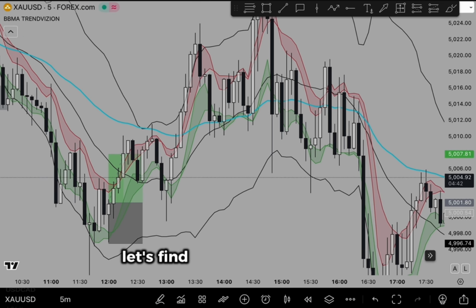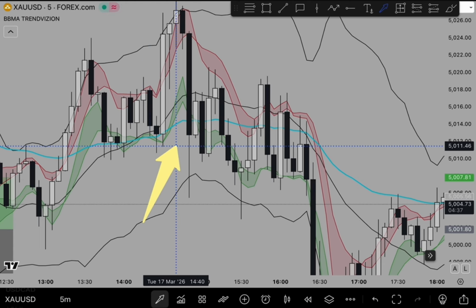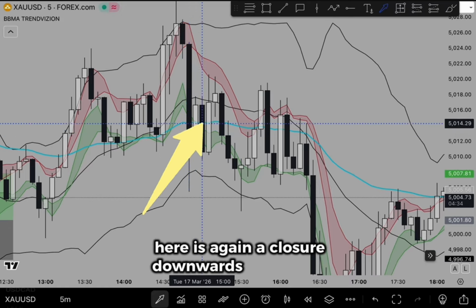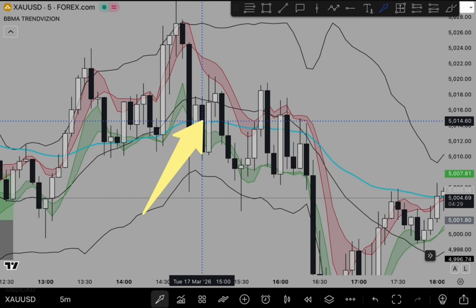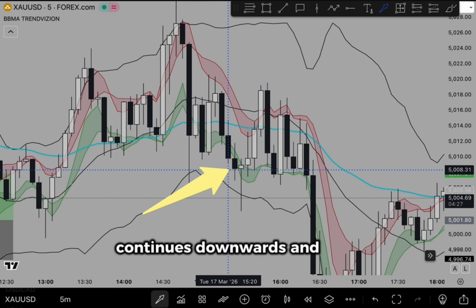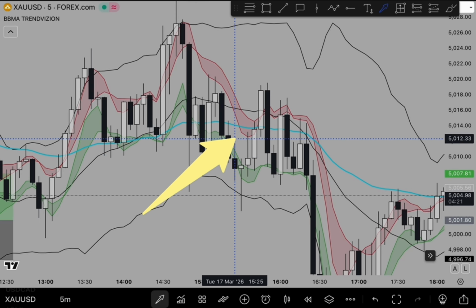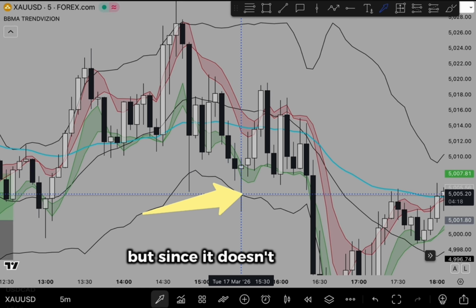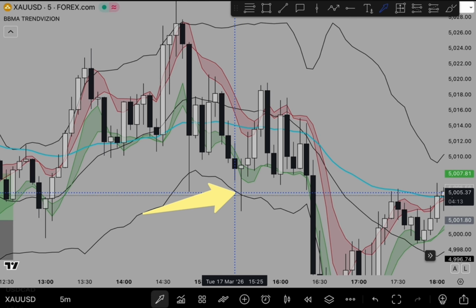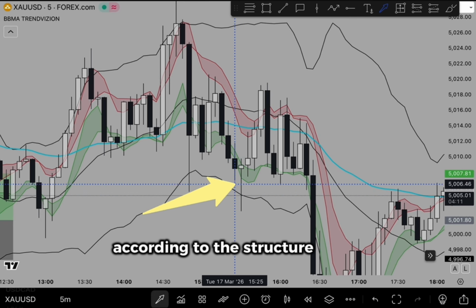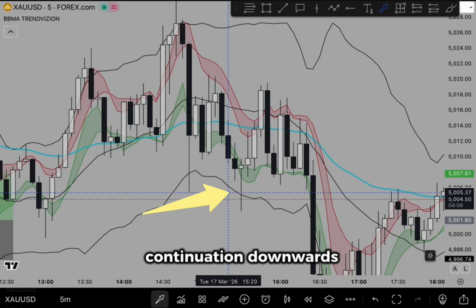And yeah, let's find another example here. Let me draw it out. So here is again a closure downwards, and then it retests, continues downwards, and then it retests and closes downwards again, but since it doesn't close below the low Bollinger Band, which is the black line here, according to the structure of this indicator system, it's not a continuation downwards.